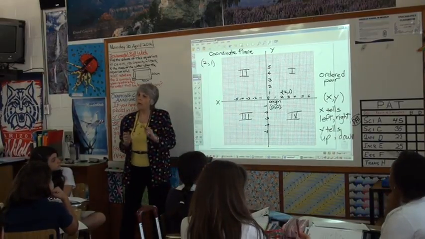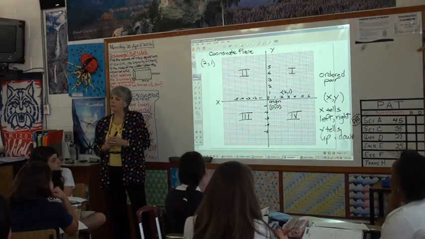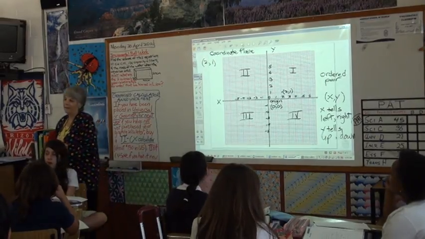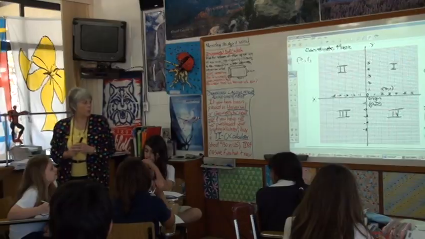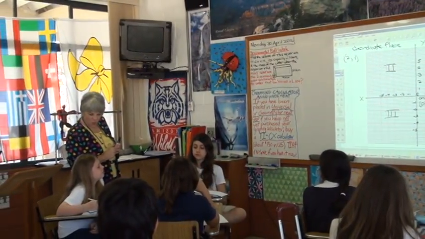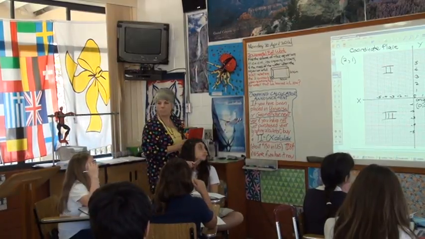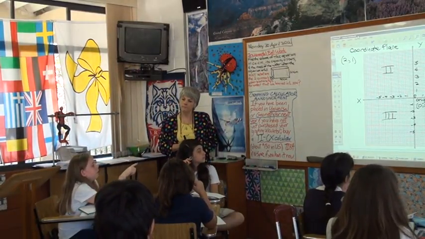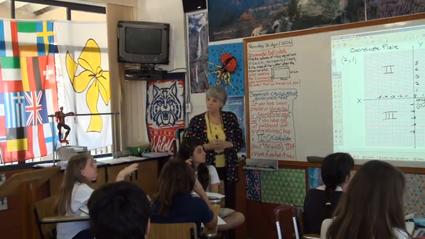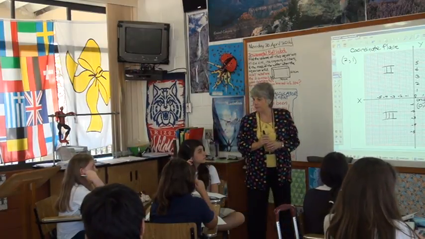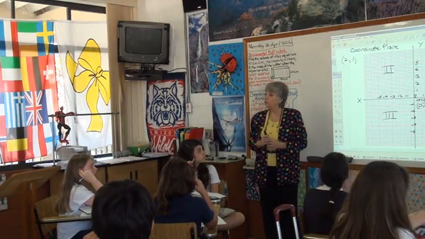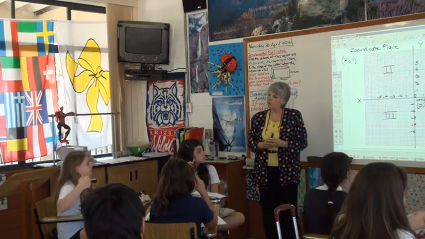Now, what would the points look like, Chesky, if they showed up in quadrant 2? It would be the negative number first and then the positive number. Right. Now, can you repeat that using my x and y?